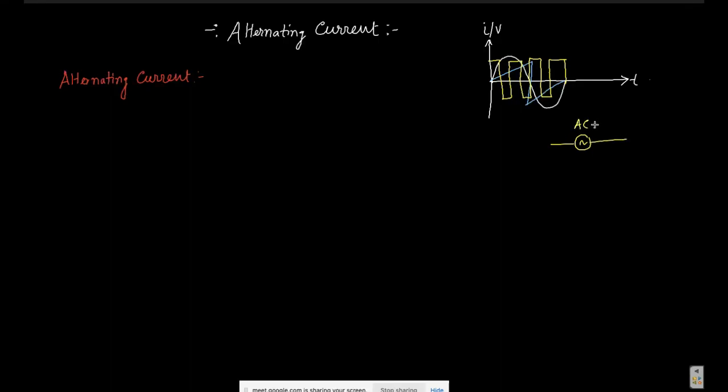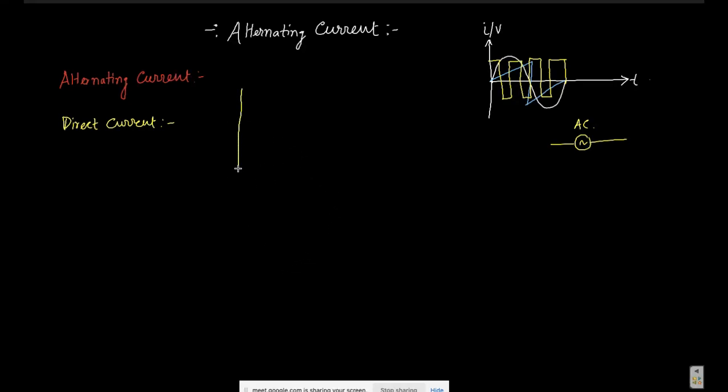Okay, AC symbol. So what about the direct current, or DC current? The current which flows in one direction only is called the direct current.